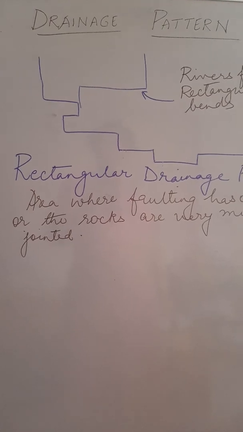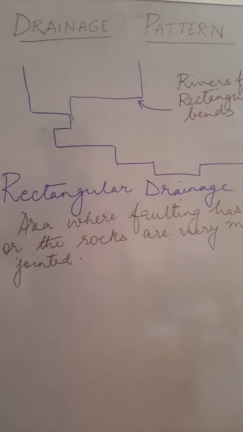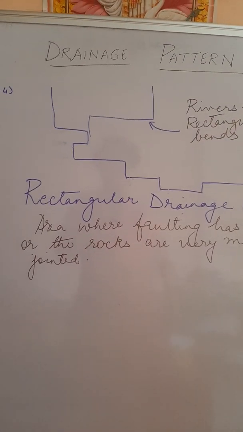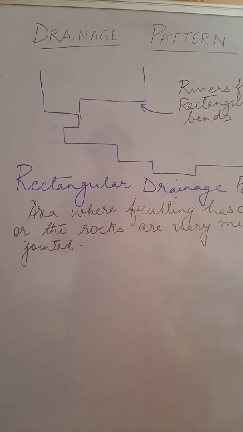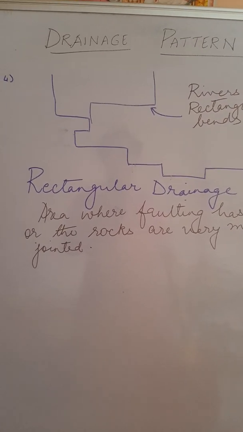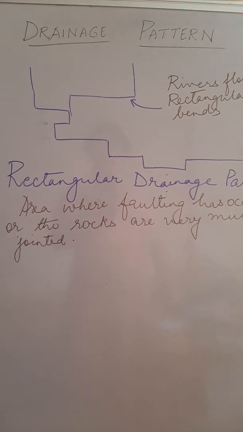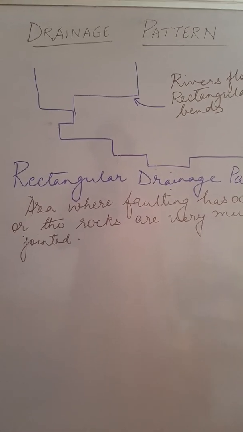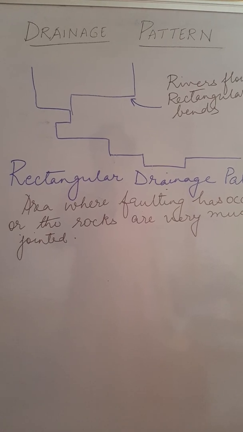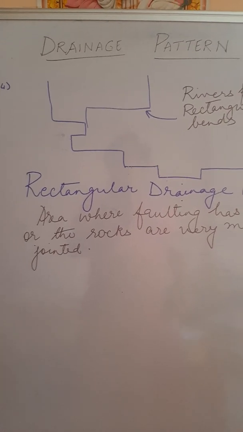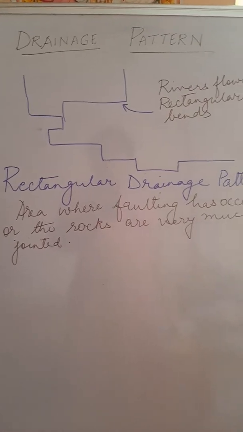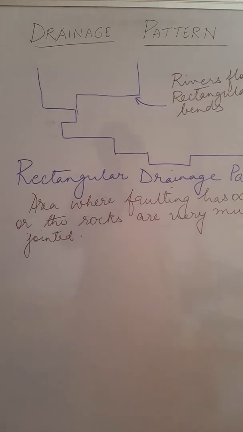So these are the four different common patterns of river drainage. You can find that there is a distinct difference between all the types because they can be easily identified. This one you can easily identify because it's flowing in rectangular bends.